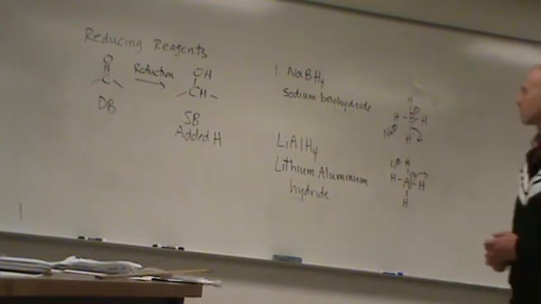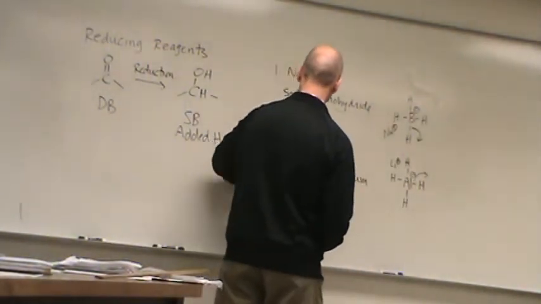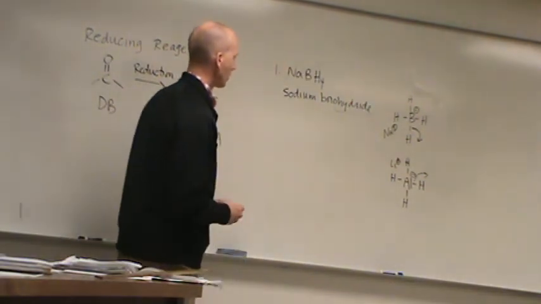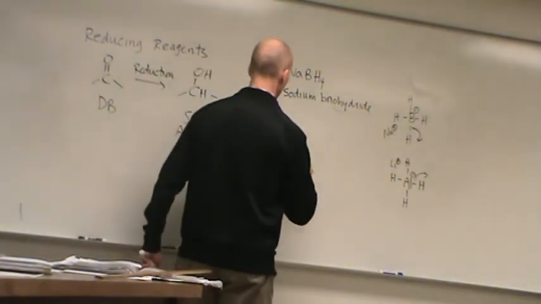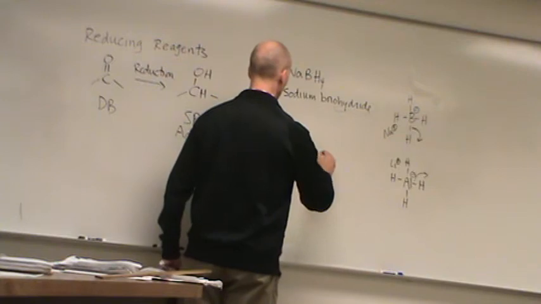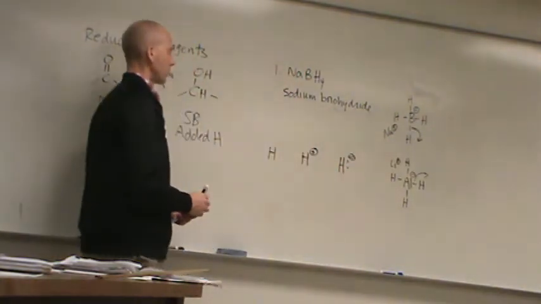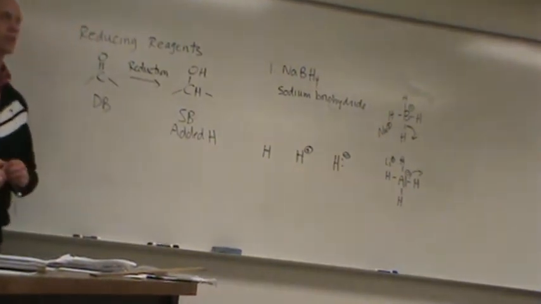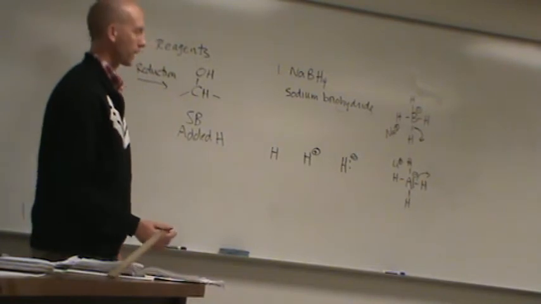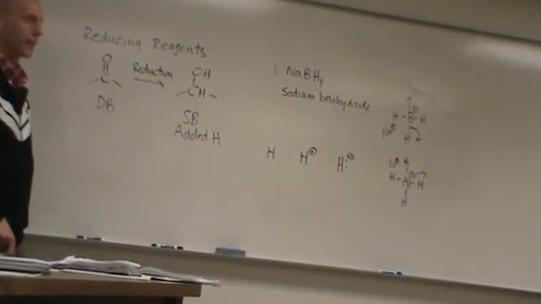So that sets up three kinds of hydrogens that we can look at here. We want to make sure you remember these in organic chemistry. What are the names of these?